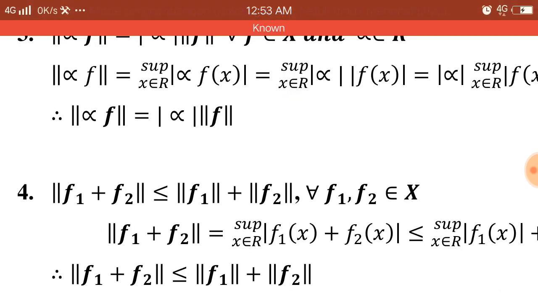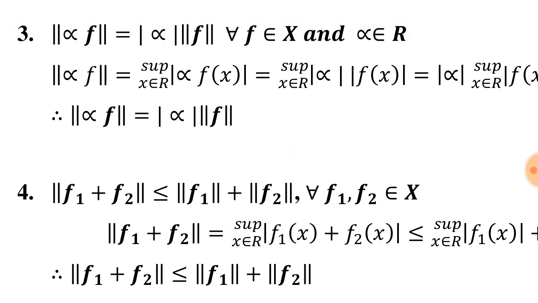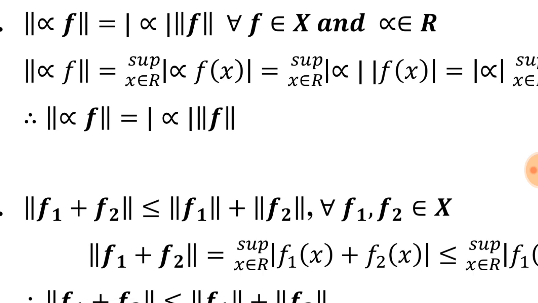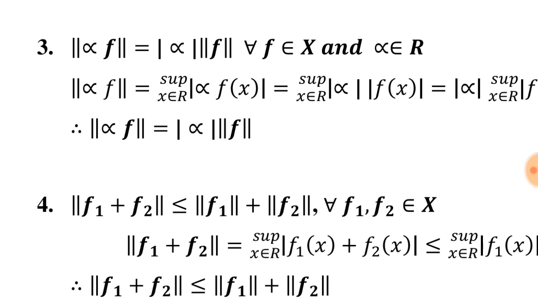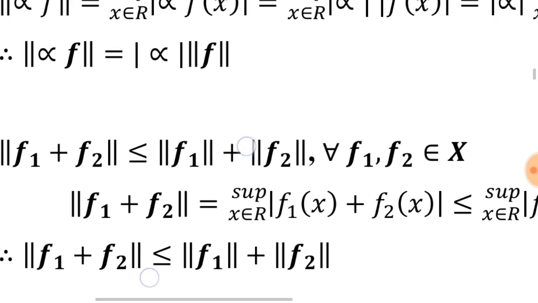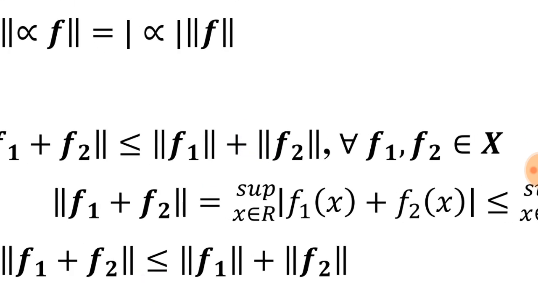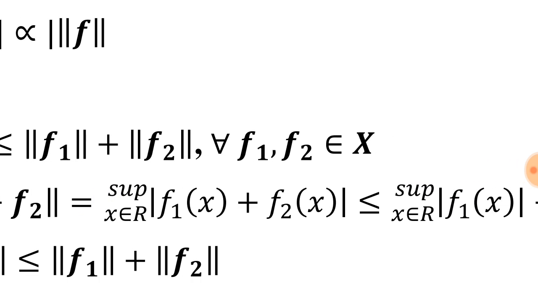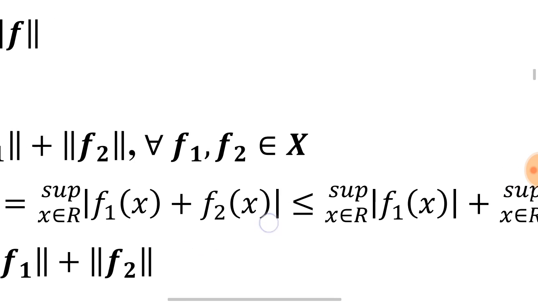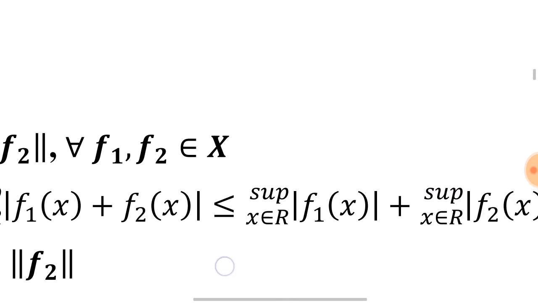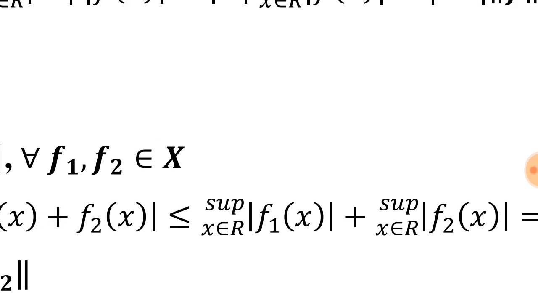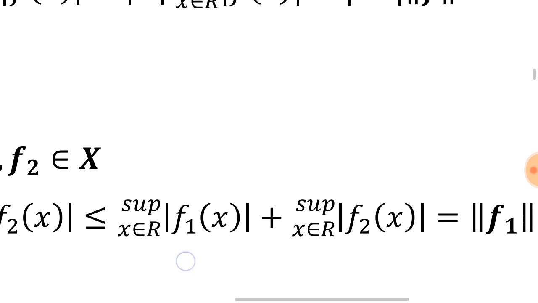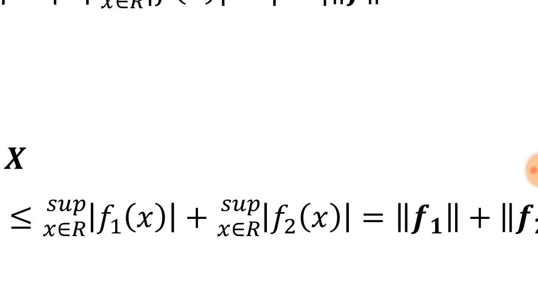Okay, now let's see the fourth condition. The fourth condition states that the norm of f sub 1 plus f sub 2 is less than or equal to the norm of f sub 1 plus the norm of f sub 2, for every f sub 1, f sub 2 an element of X. Based on the definition of norm, the norm of f sub 1 plus f sub 2 equals the supremum of the absolute value of f sub 1 of x plus f sub 2 of x, x an element of R, and this is less than or equal to the supremum of the absolute value of f sub 1 of x plus the supremum of the absolute value of f sub 2.